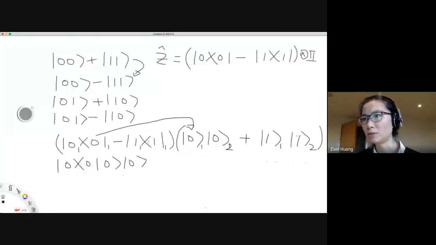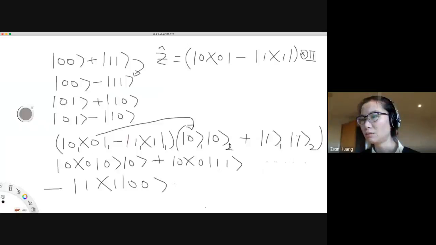The second term, you have 0, 0 acting on the 1, 1. And then you have a minus 1, 1 bra acting on the 0, 0, minus the 1, 1 acting on the 1, 1.